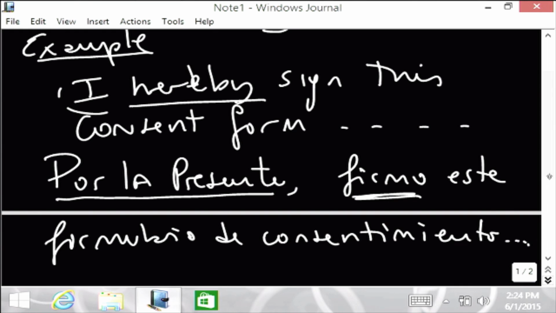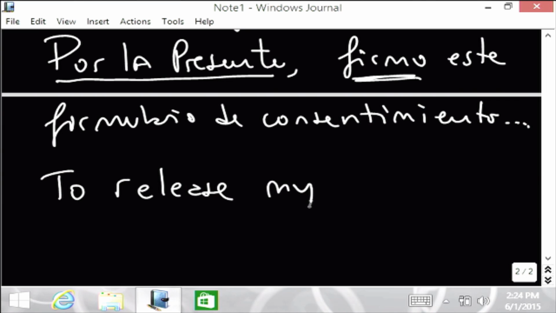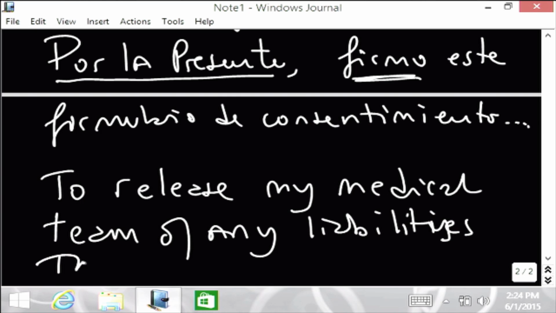Okay. Now you will also see the verb "to release." "My medical team of any liability or liabilities that may occur during this procedure."